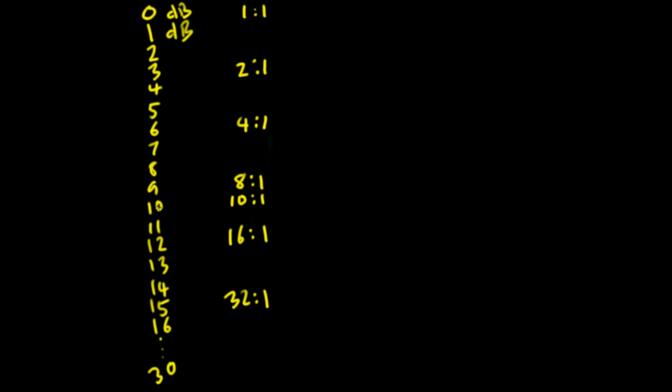And then if you go 3 dB further than that, what's 3 dB more than 10 to 1? Well, it's a doubling of 10 to 1, so that's 20 to 1. And then if you go 3 dB further than that, that is a ratio of 40 to 1. You're doubling it again. You see how now I'm going through powers of 2 again, except now they're powers of 2 times 10.